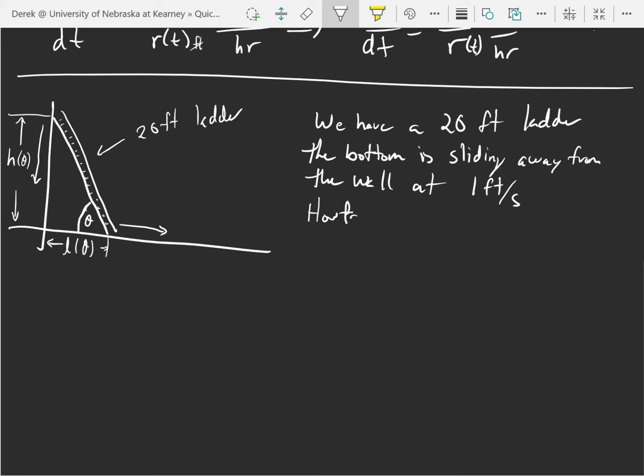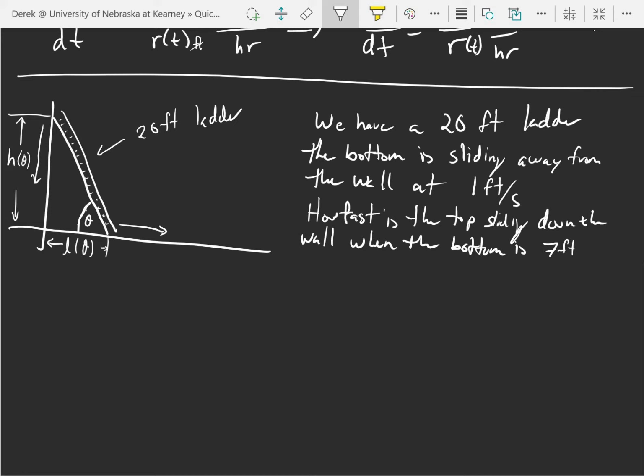How fast is the top sliding down the wall when the bottom is, let's say, 7 feet from the wall?